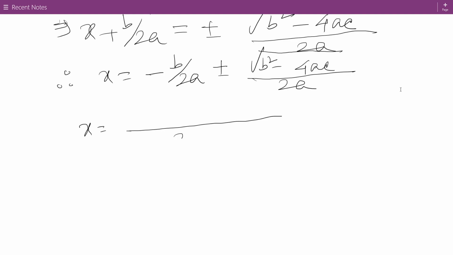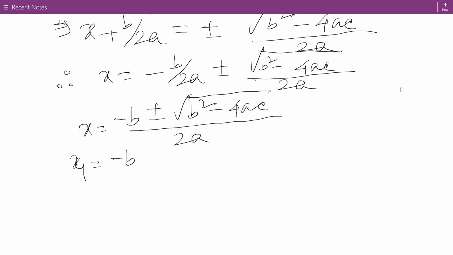LCM is 2a: minus b plus minus root over of b square minus 4ac. The two solutions of this equation: x1 equals to minus b plus root over b square minus 4ac by 2a.